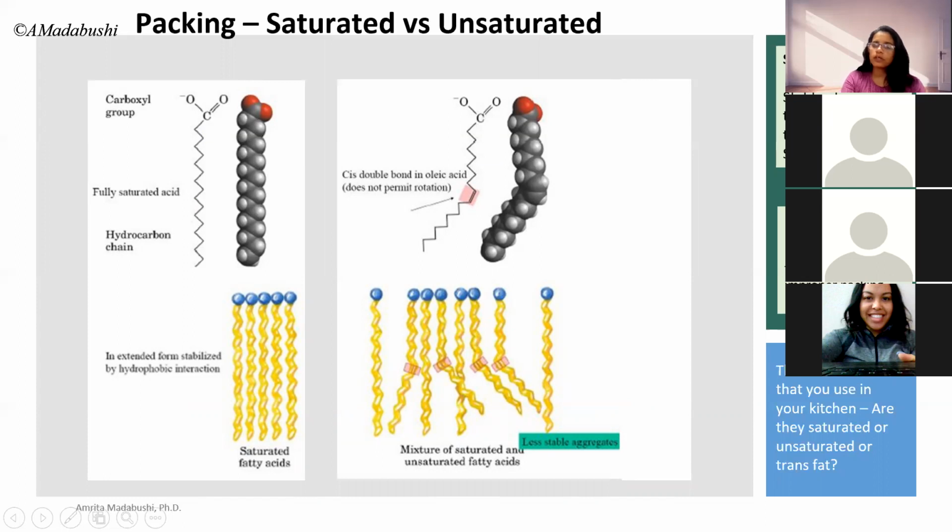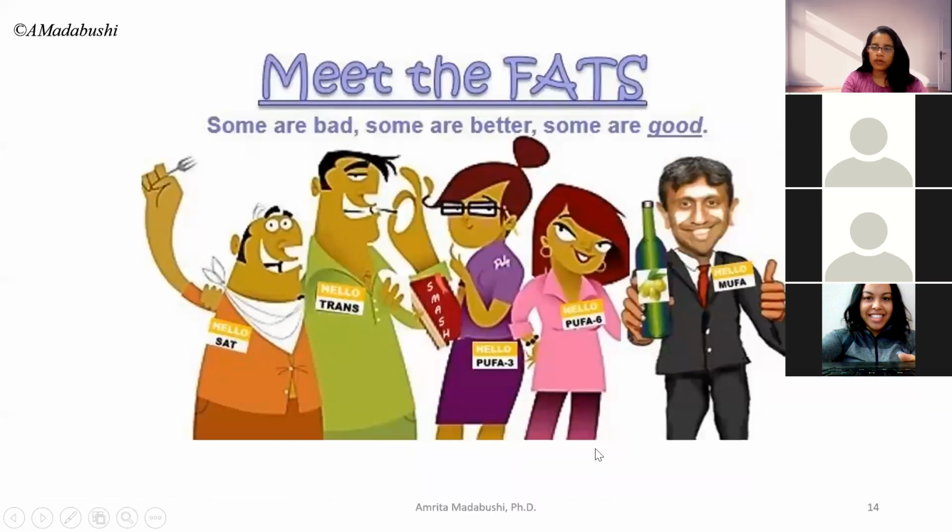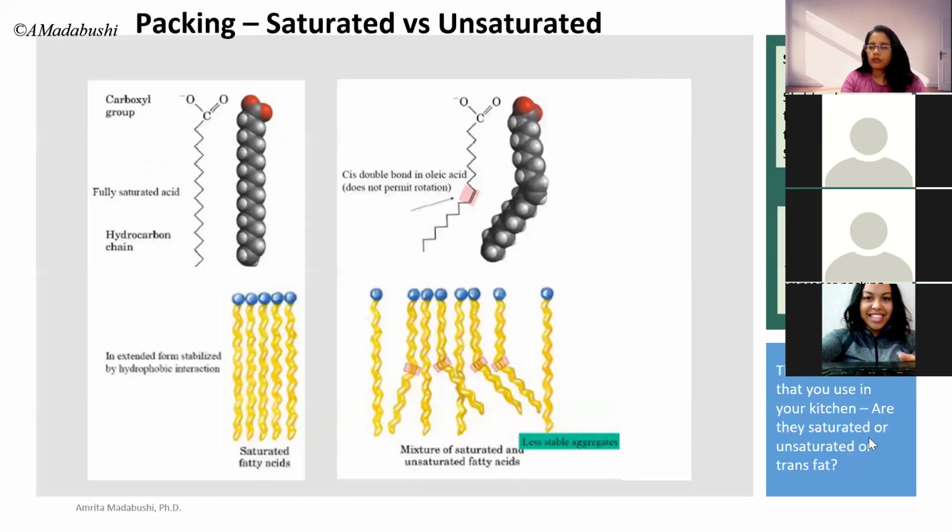So whenever you're eating butter or using butter in baking or anything, you should remember you're using a saturated fat. However, any kind of oils that you use that are unstable at room temperature, because of this kind of packing, that is unsaturated fat. It keeps moving. So think of more fats that you use in the kitchen, and are they saturated or unsaturated or trans fats?